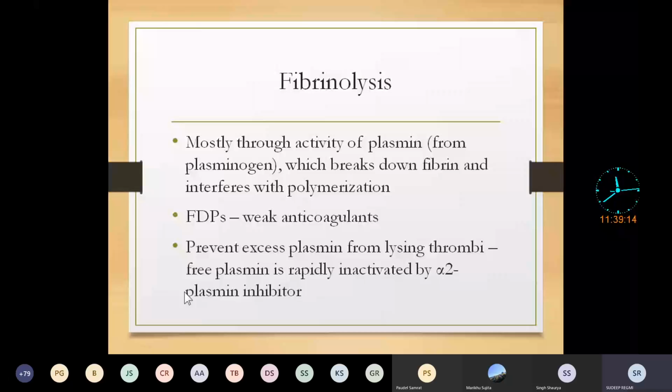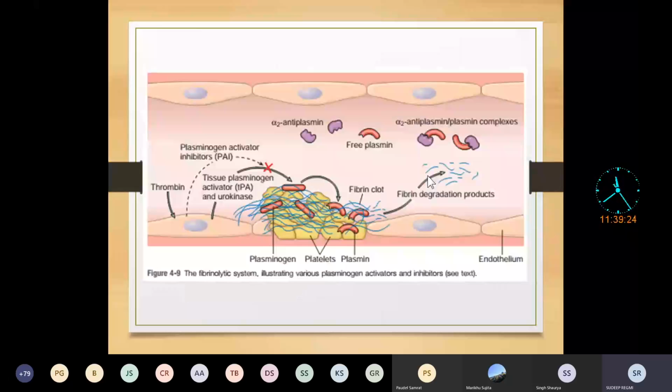Okay, here it is showing in the picture. Here you can see there is presence of a clot. Okay, so this is the area where there is endothelial injury.